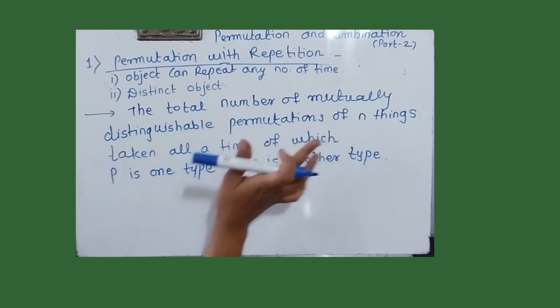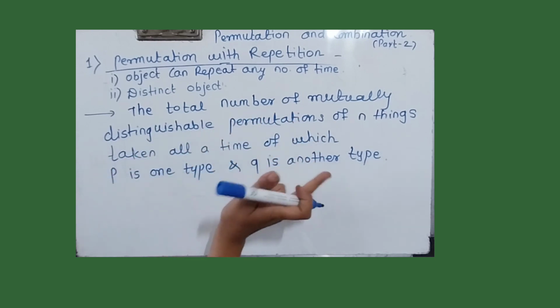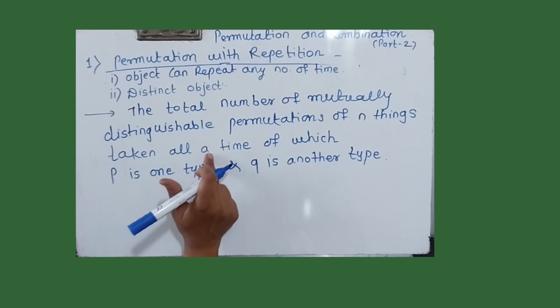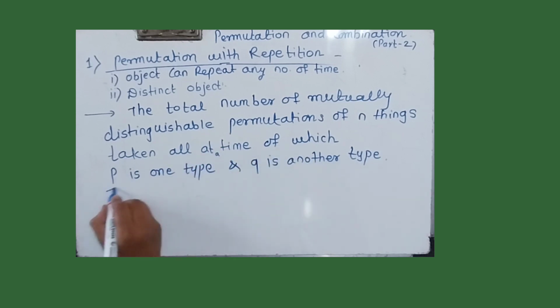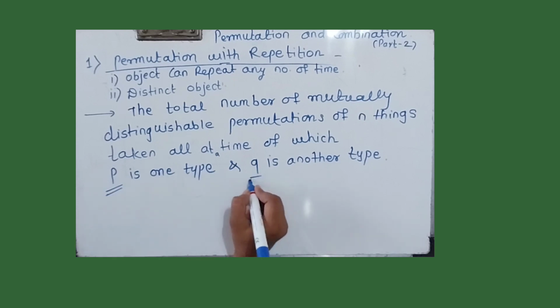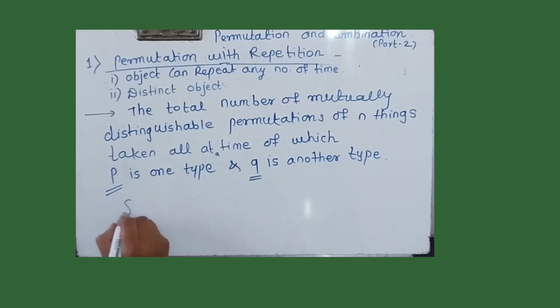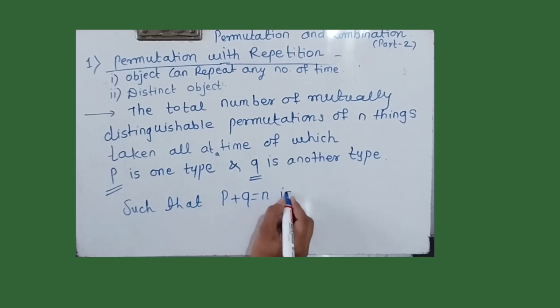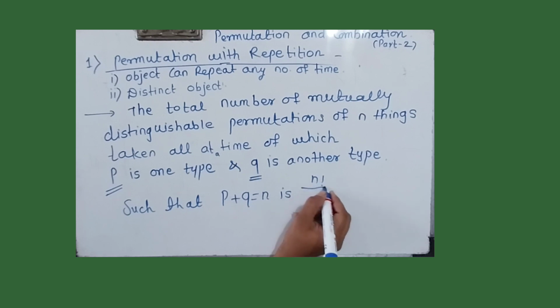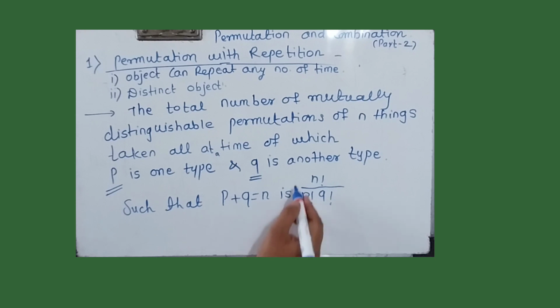The total number of mutually distinguishable permutations of n things taken all at a time, of which P is one type and Q is another type, such that the formula for permutation with repetition, P plus Q equal to n, is n factorial upon P factorial into Q factorial. This is the formula.